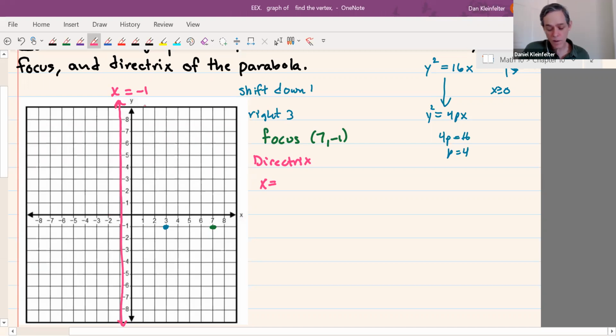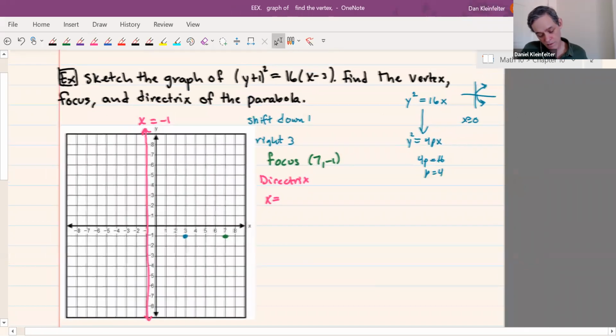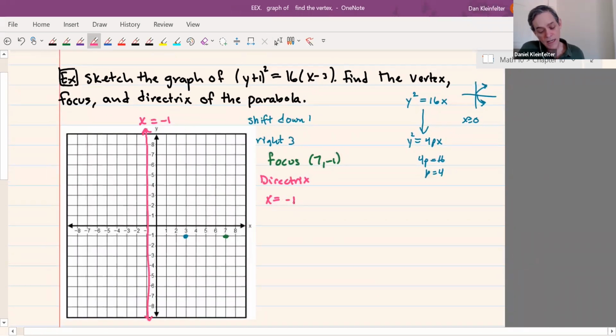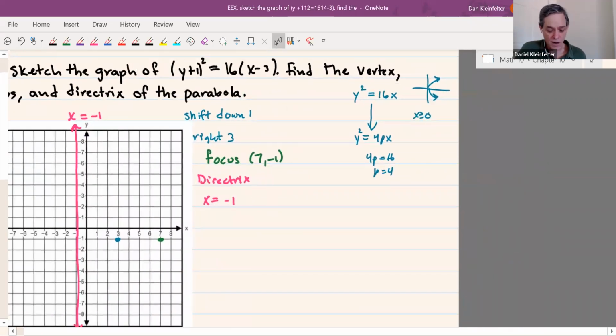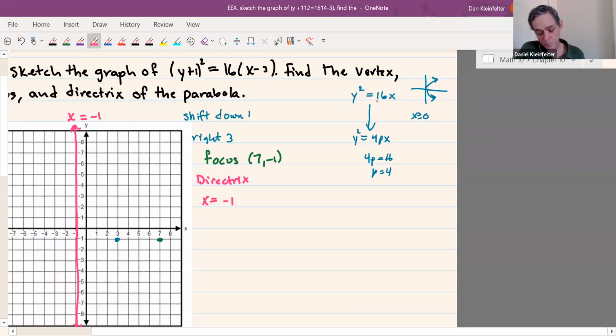So once again, we get the focus and the directrix. We just need to get a couple more points to figure out just exactly how curved this parabola is. Taking a look, we have y² = 16x. Again, taking the non-shifted version, we'll just adjust for where the vertex is now.